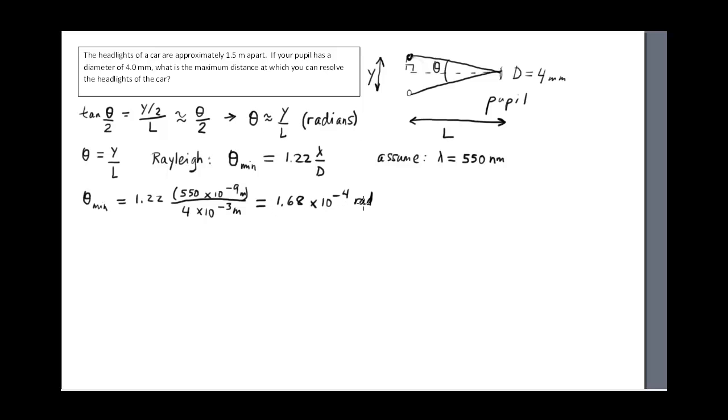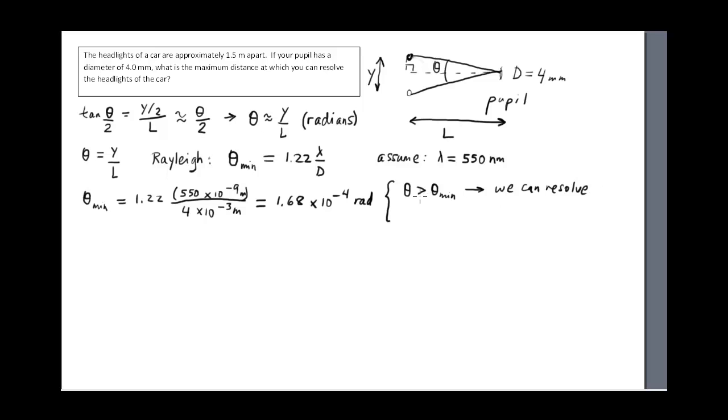So that's the minimum. Now what does it mean? Let's just think for a minute about what this means. This means that the condition for resolution for any given distance L and separation y, the condition for resolution is that theta has to be greater than theta min, which is why we call the Rayleigh condition the theta minimum, right? If the actual angle of separation is greater than the Rayleigh angle, then we can resolve the two objects.